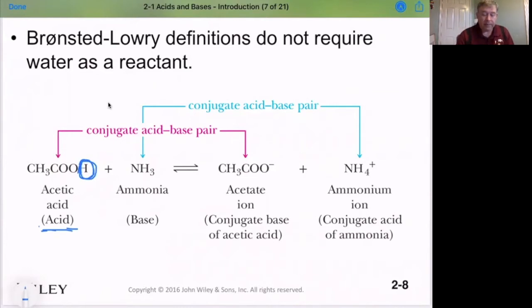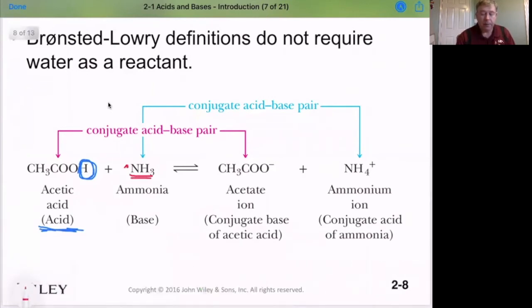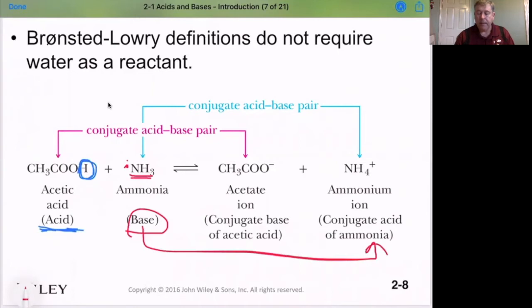And so in this case, it has a proton to transfer, making it the acid right here, okay? Now, ammonia can accept that proton, and so it is the base. And so when it accepts the proton right here, it now has the positive charge on it, and it is now our conjugate acid of ammonia, okay?